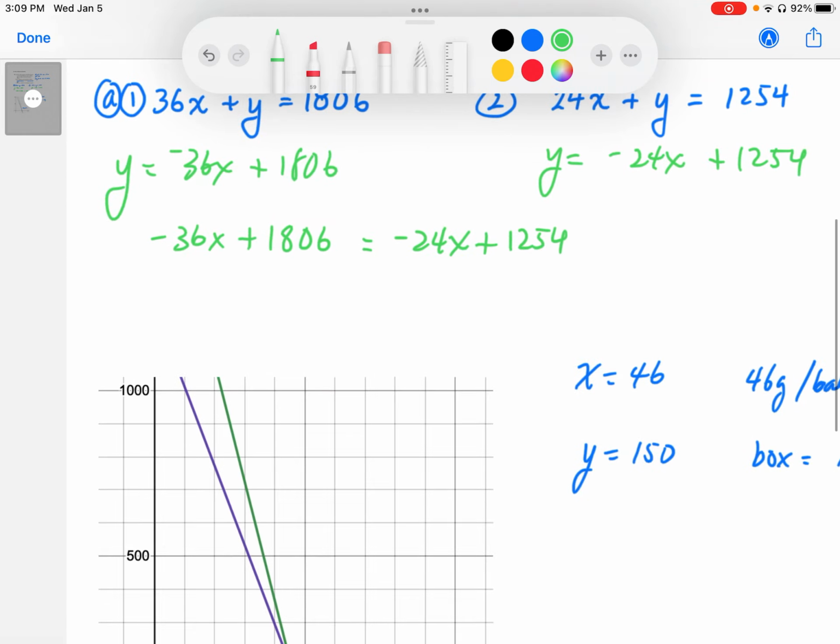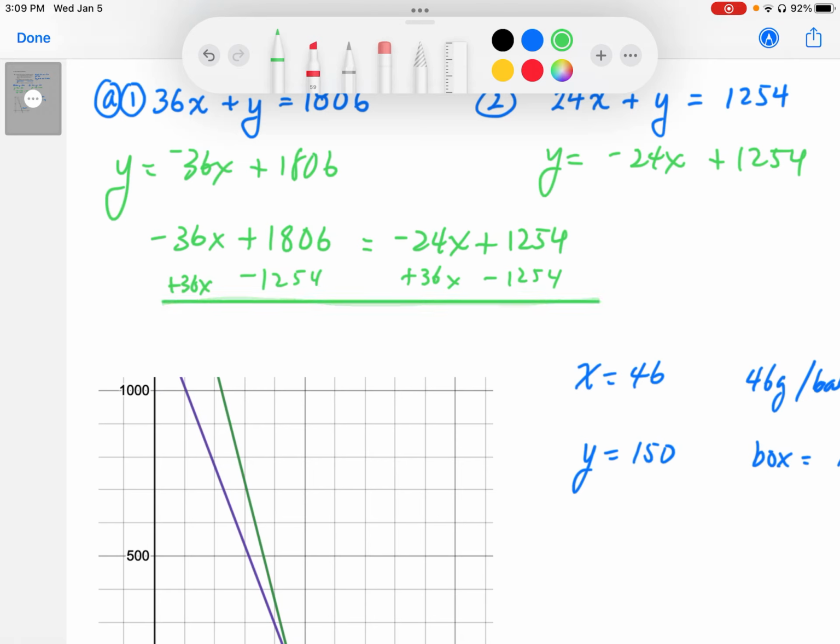Solving for this, I'm going to add 24x to both sides, and add 36x to both sides, and I'm going to subtract 1254 from both sides.